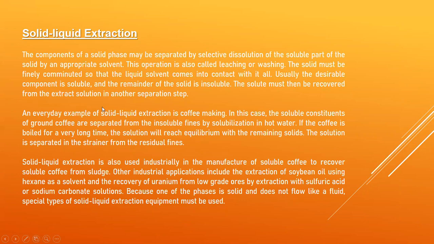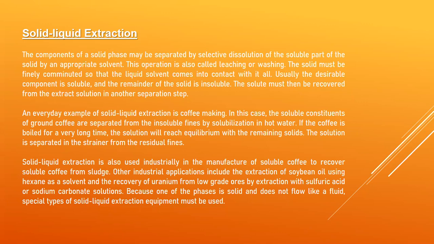So the component of a solid phase may be separated by selective dissolution of the soluble part of the solid by an appropriate solvent. So this time we take out a solute from the solid matrix and we use a liquid solvent for that. This operation is also called leaching or washing. We call it washing if the solvent is water.